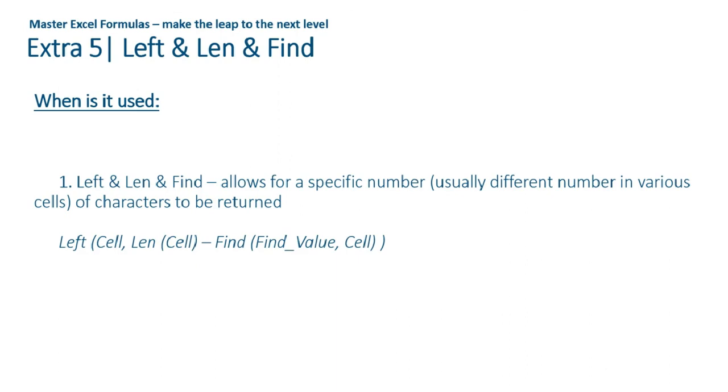Now I'm going to show you first of all a combination of the first 2 formulas, and then we will discuss the last part of this formula as well. What this does is it allows for a specific number, usually a different number in various cells, of characters to be returned. Let me give you an example to see what I mean here.